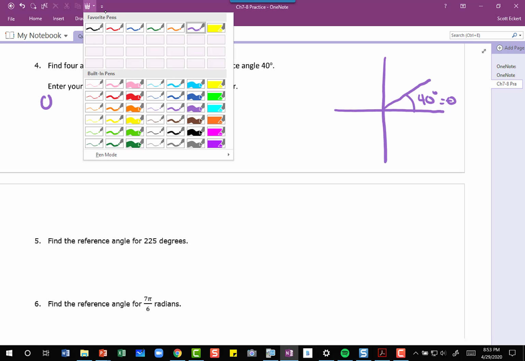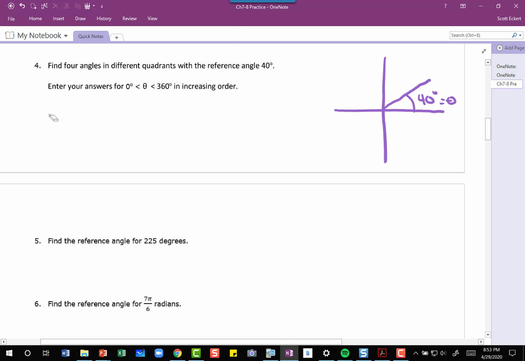I think I want to do color here. So quadrant 1, the reference angle and the original angle are the same. So let me get this consistent here.